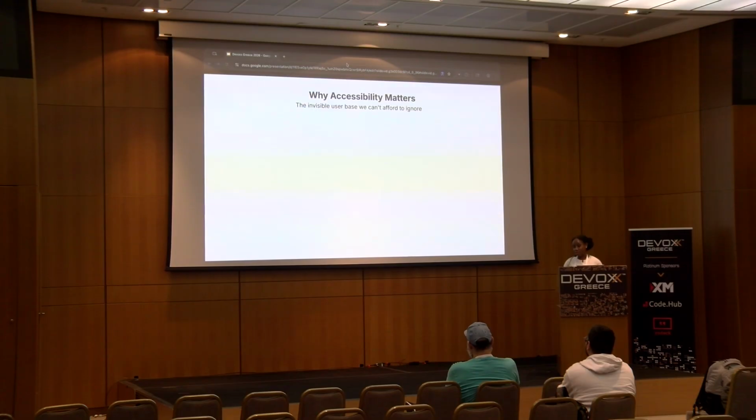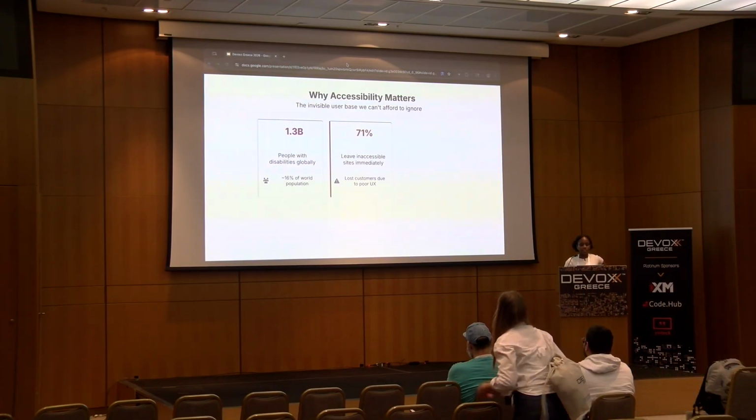So let's start off with why this all matters, both for people and for the business side. About 16% of the world's population has some sort of disability, and about 71% of them leave inaccessible sites immediately. Many times people go to these sites and cannot proceed through the website for various reasons.